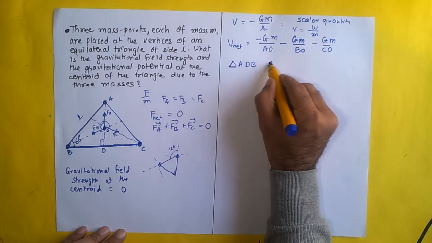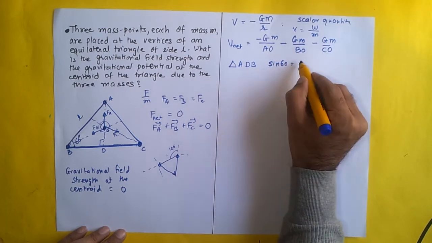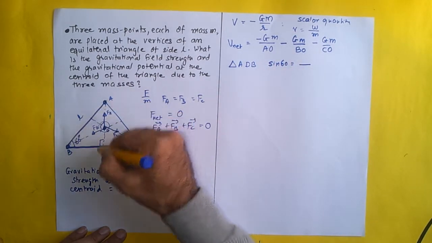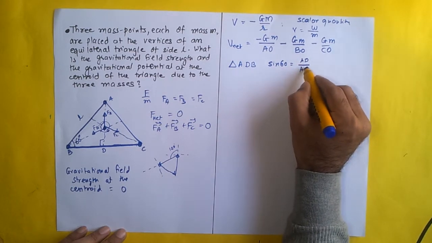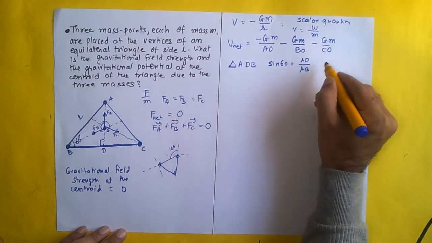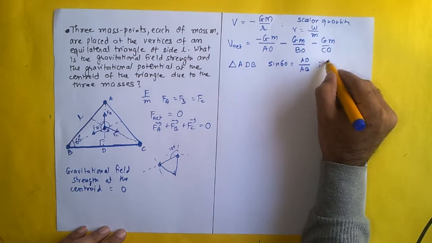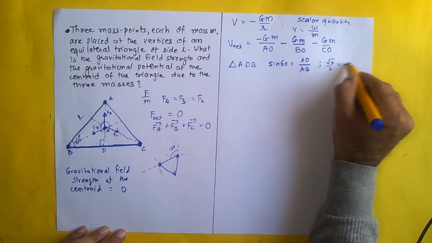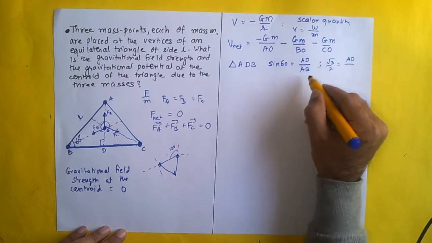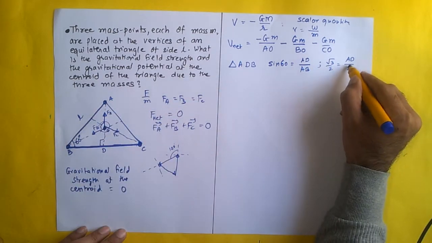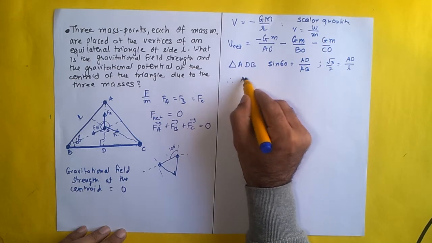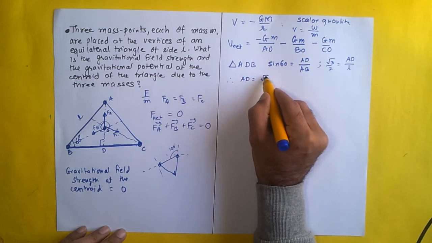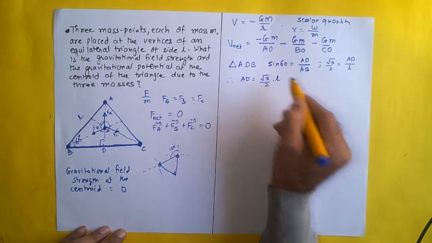So if I take sine 60, it will be the opposite side, that is AD upon AB. We know that sine 60 is root 3 by 2, which is equal to AD upon AB. AB is L. Therefore, AD is equal to root 3 by 2 into L.